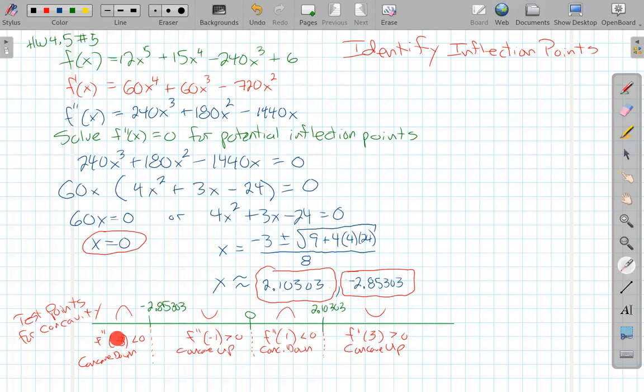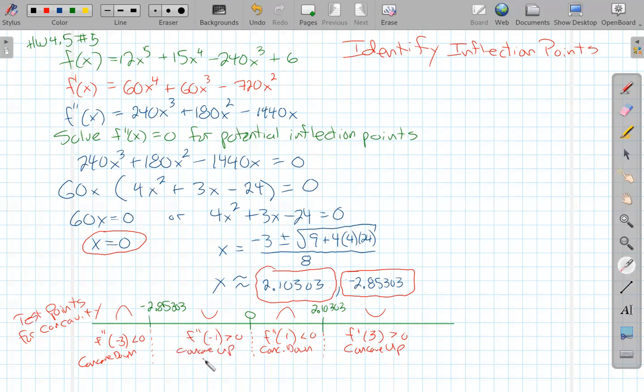I chose -3, and when I plugged -3 into the second derivative up here, I got a negative answer, so it should be concave down there. When I plugged in -1, because it's between -2.8 and 0, I got a positive answer from the second derivative, so the graph of the original function must be concave up there.